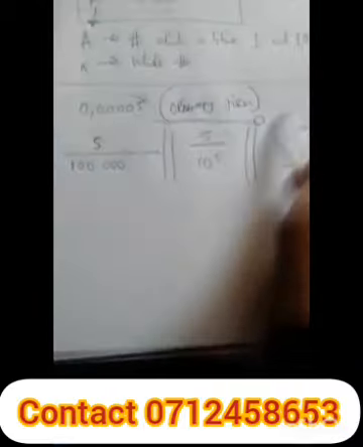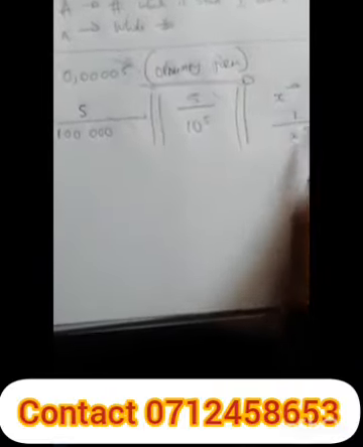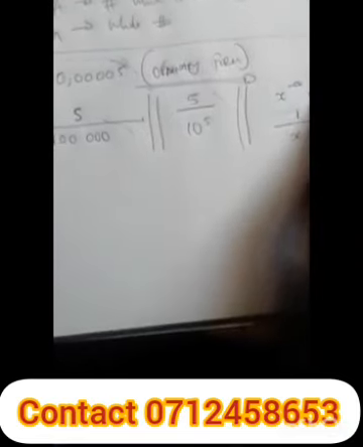Initially on indices we have to leave it like this, but now I need you to understand this concept: 1 over x to the power of a is the same as x to the power minus a. So we are going back to the same thing.